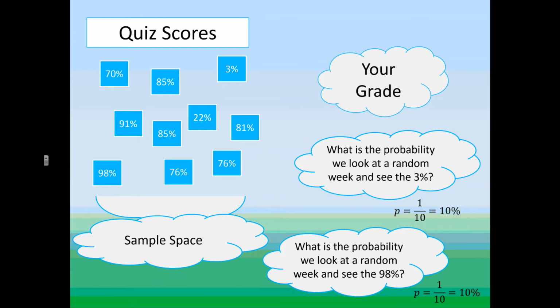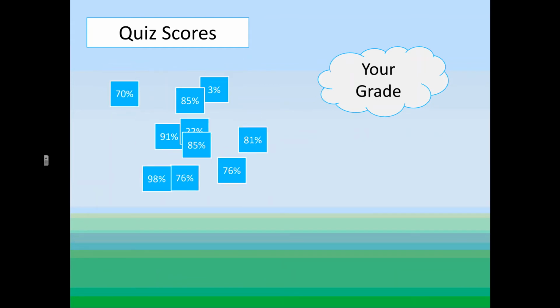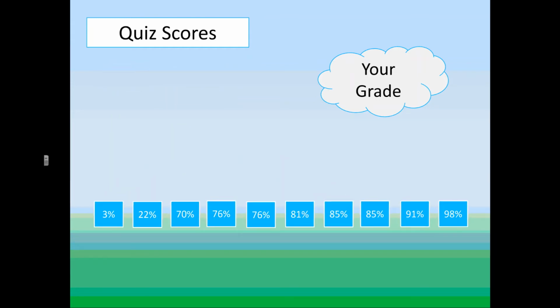The problem is with all of these scores, we want to find a way to take these and somehow merge them into something that is indicative of your grade as a whole. So the first thing that we do is we take your quiz scores and we line them up. So the smallest goes on one side, the largest goes on the other.